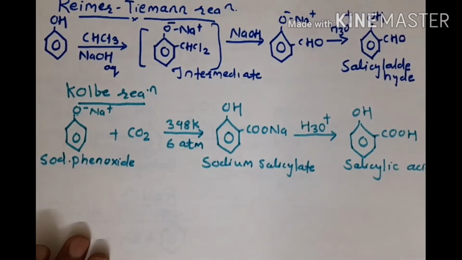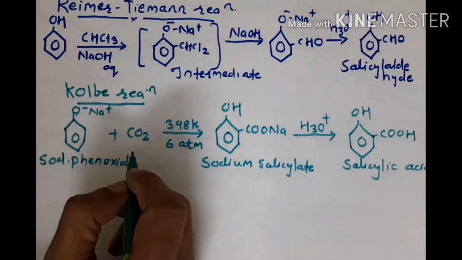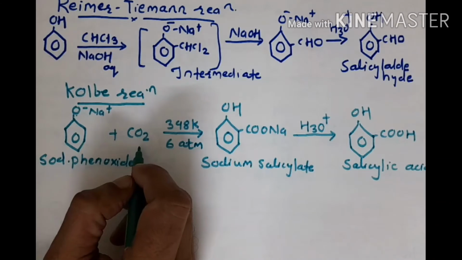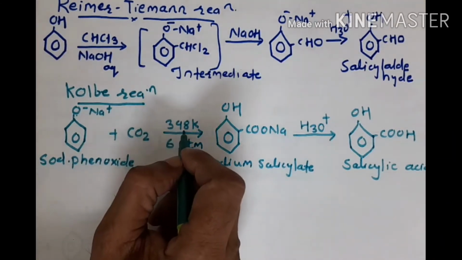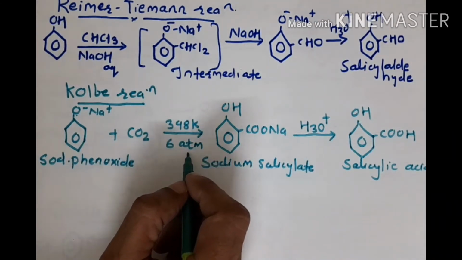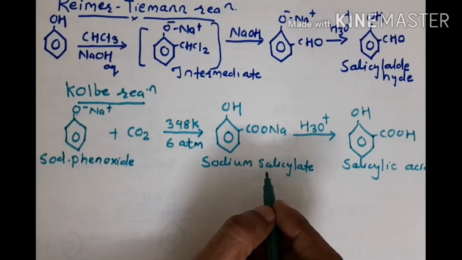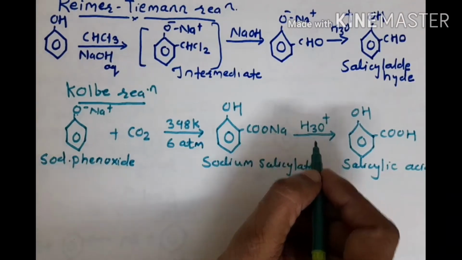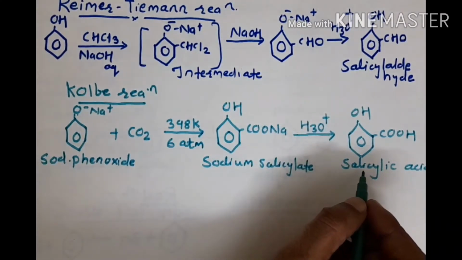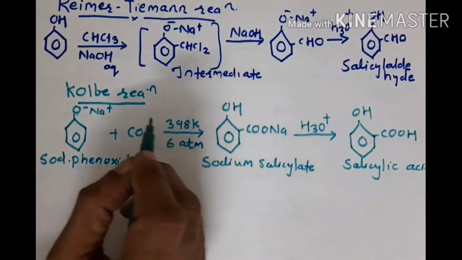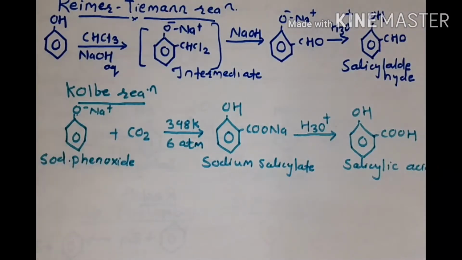Sodium phenoxide on reaction with carbon dioxide gas at about 398 Kelvin under 6 atmospheric pressure first forms sodium salicylate, which on further acid hydrolysis gets converted into salicylic acid. This is called Kolbe's reaction.